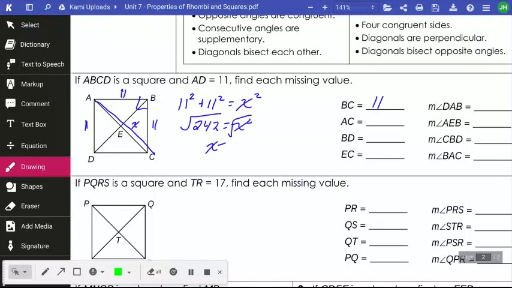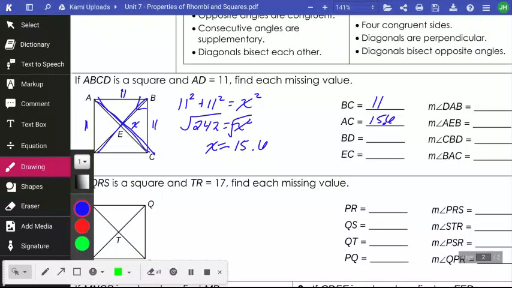And I get x is approximately 15.6. It asks then for the other diagonal, BD, and in a square, your diagonals are equal, so it's also 15.6. And then it asks for EC, which is this part of a diagonal, which is going to be 15.6 divided by 2, which is 7.8.